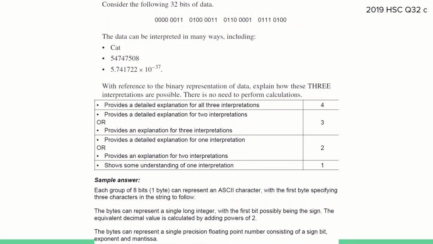Whereas this one, you have to look at the mantissa, you have to look at the exponent. We did this early on when we were online learning. All right, I don't want to go into it now. You know what to look up when you do nothing on your school holidays. Look at the past ones. The idea is that this is for really high-end students to get that 4 marks.